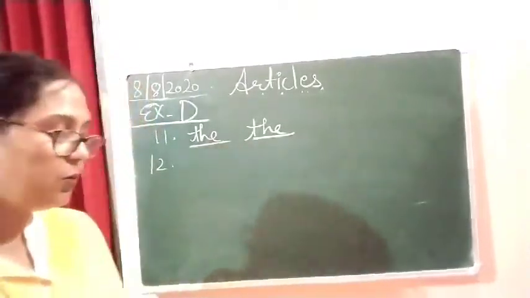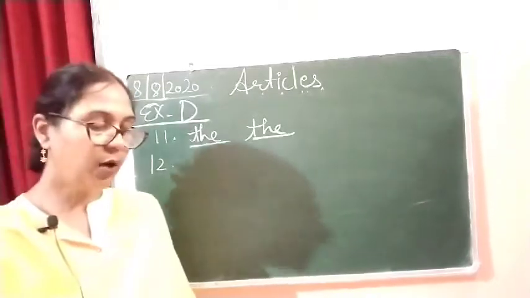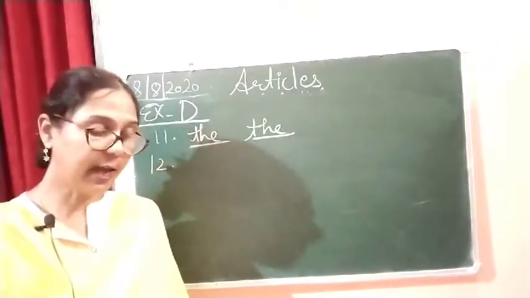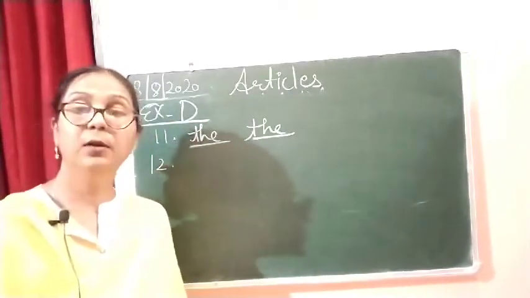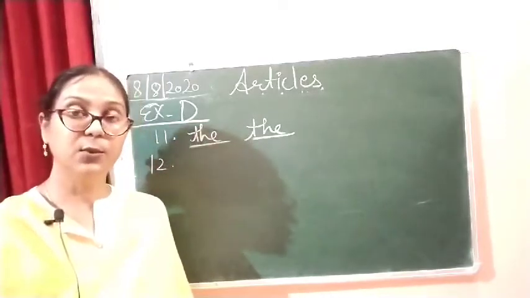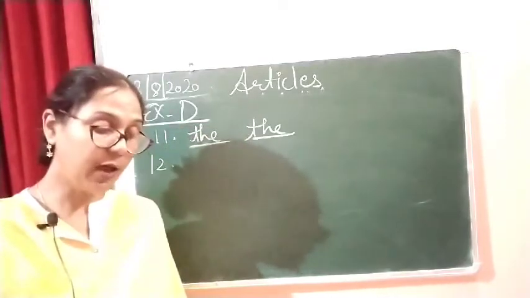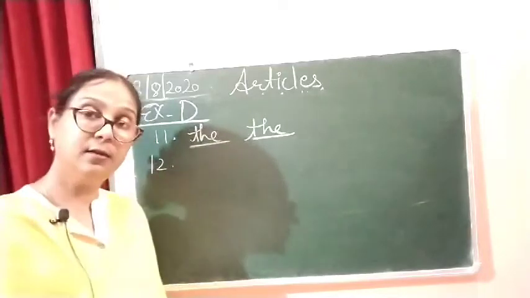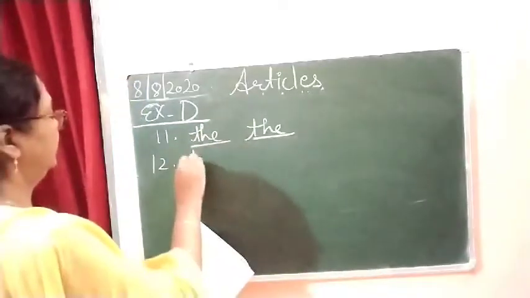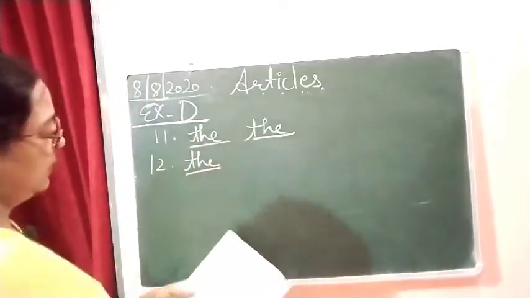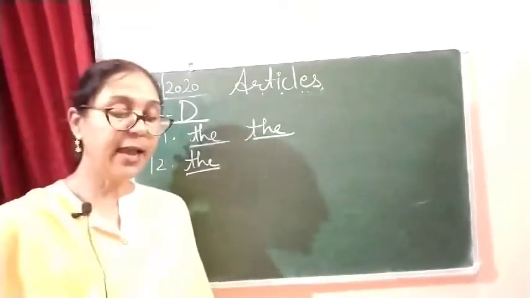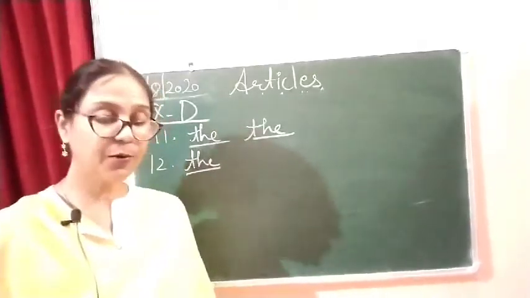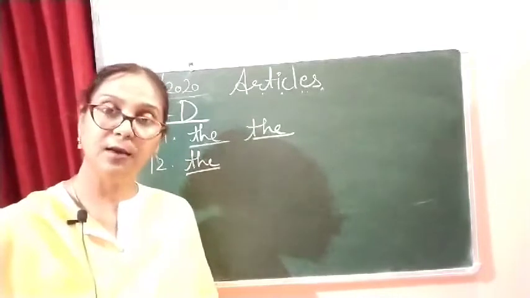Now we are moving to number 12. John was selected as dash best performer of the year. So here again we have to write the. John was selected as the best performer of the year.